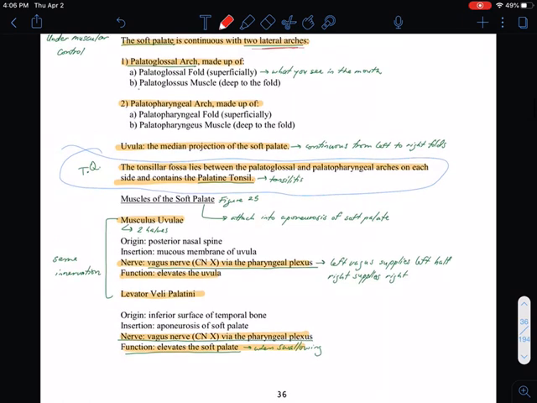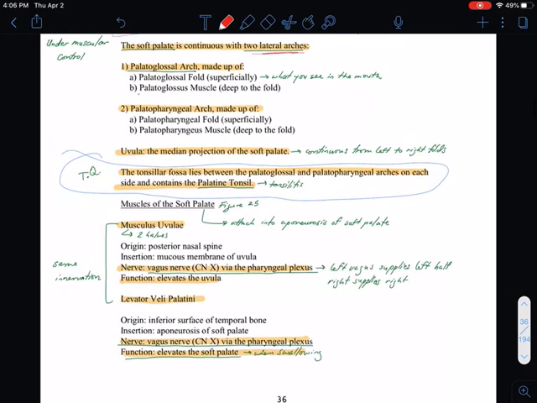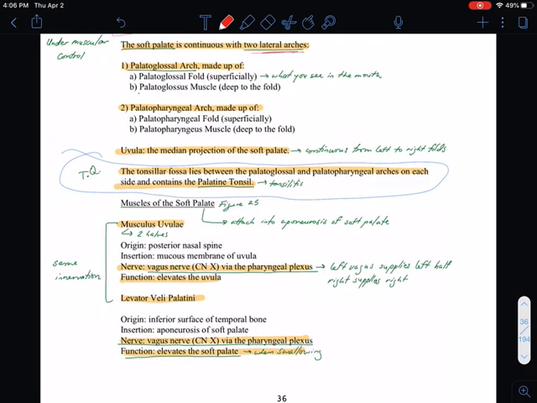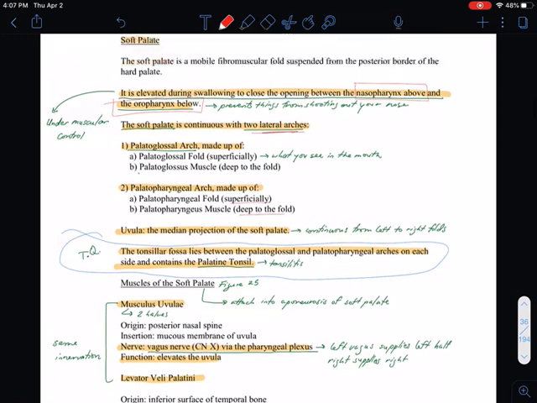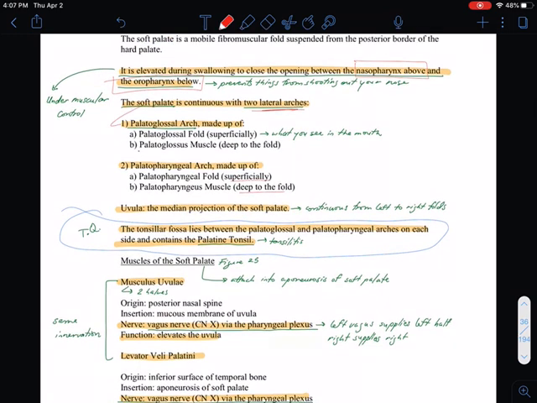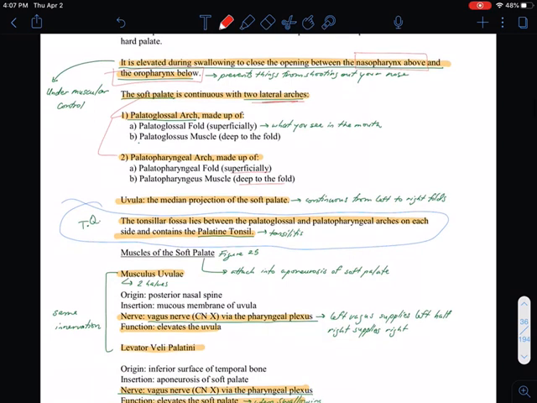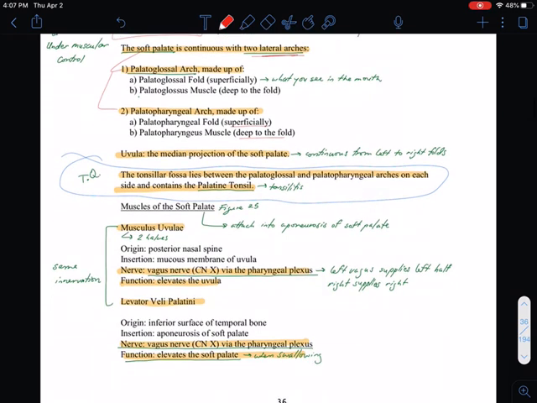And then second, we have our palatopharyngeal arch, which is again made of palatopharyngeal fold superficially, and then its associated muscle, which is deep. So main thing here, associate the soft palate with these two arches, palatoglossal arch and palatopharyngeal.